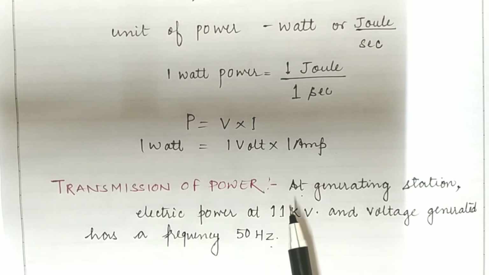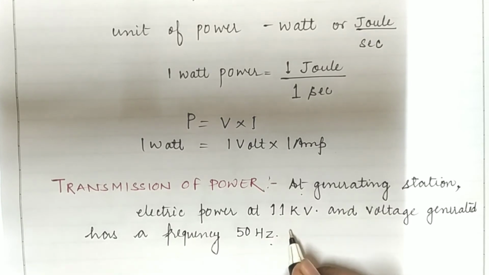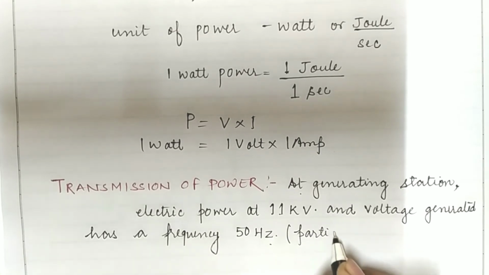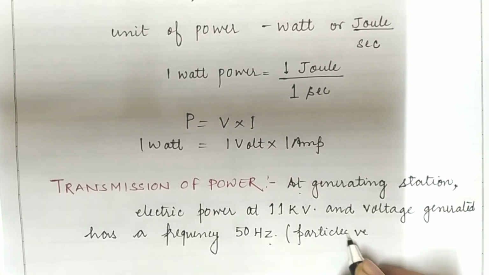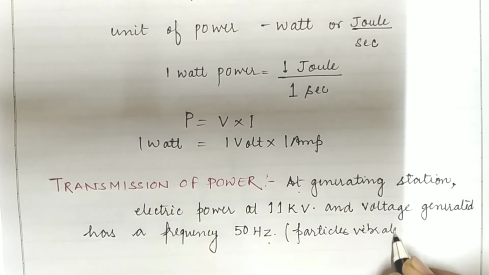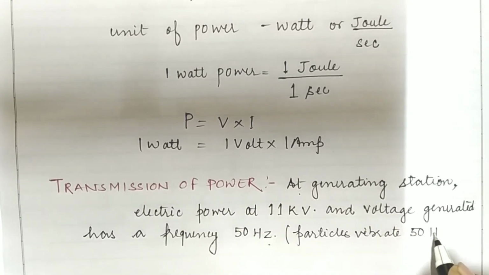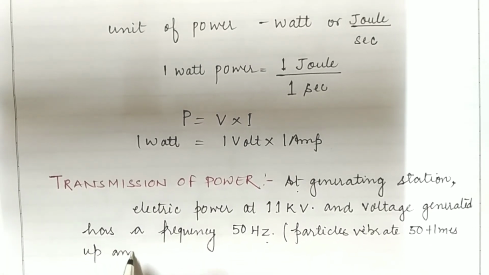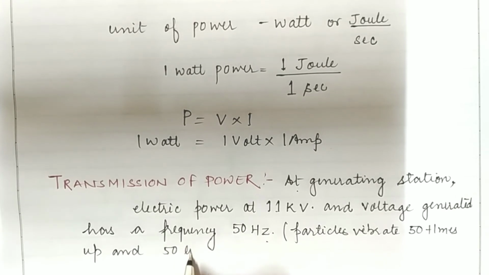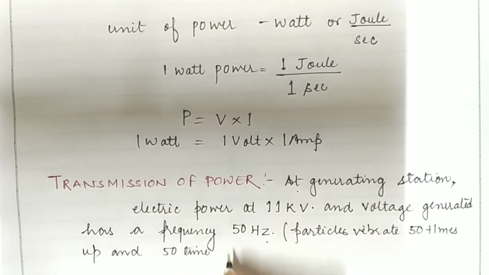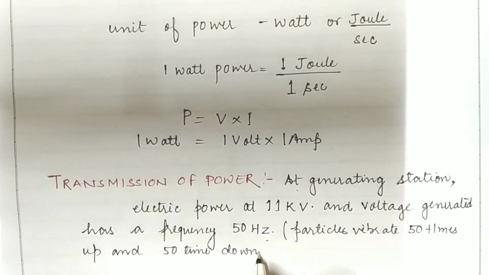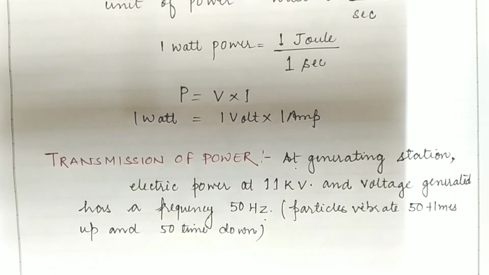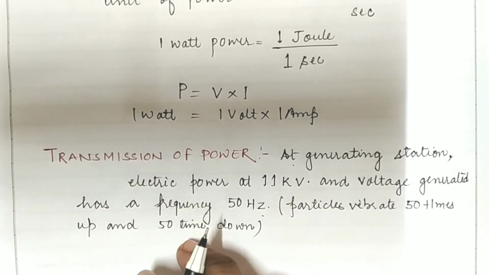In 1 second, 50 hertz means the particles vibrate 50 times up and 50 times down. As we know, alternating current is a type of current which changes its direction with respect to time.